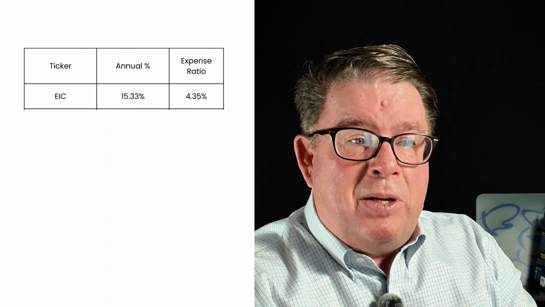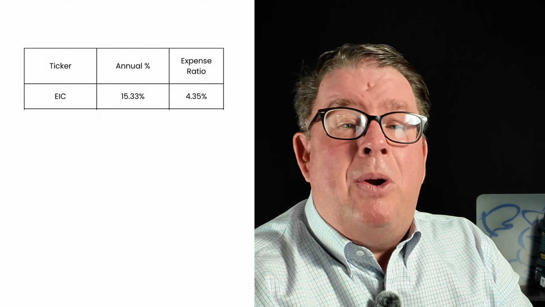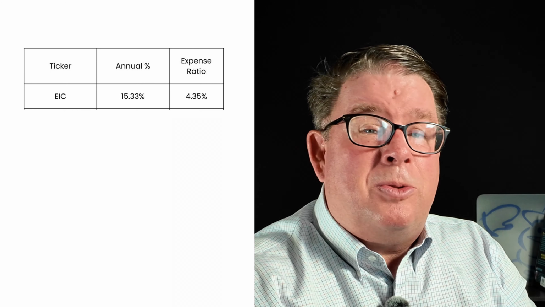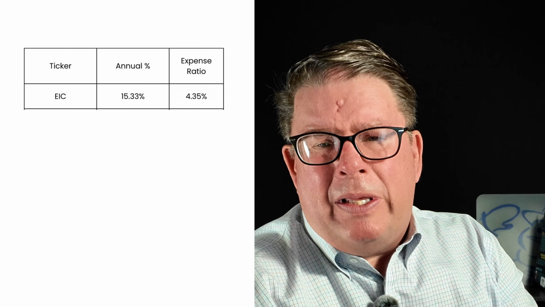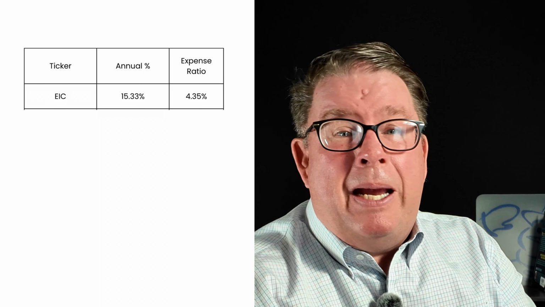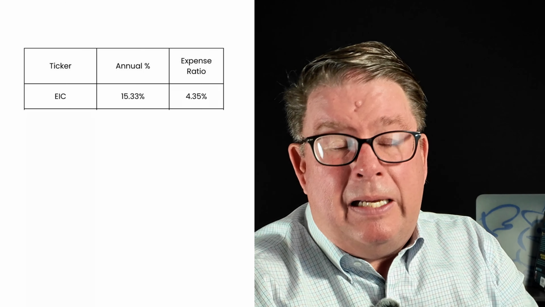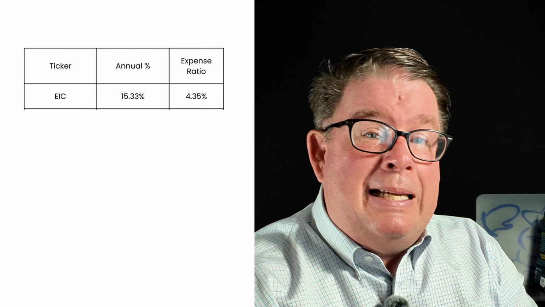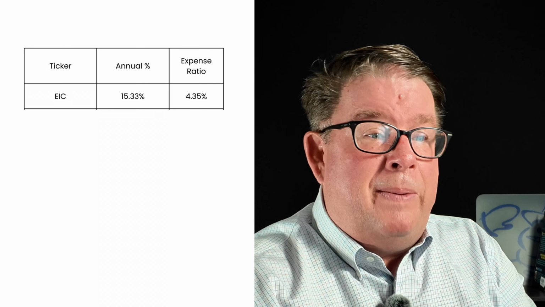They also have some leverage, and you have to go figure out what expense ratio you want to pay. I am okay with higher expense ratios in these funds because there's more to them and there's more things that get calculated into expense ratios compared to just the management fees of an ETF. EIC is a closed-end fund.